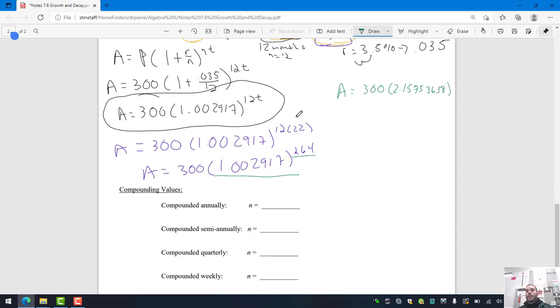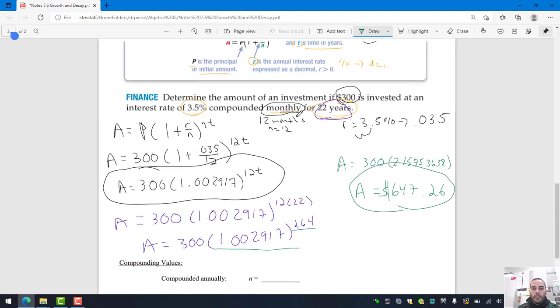Try not to round that thing like I said. We want to keep it as precise as possible. But then the final step is that you just take 300 and multiply it by that ugly number, and you should get something like $647.26.